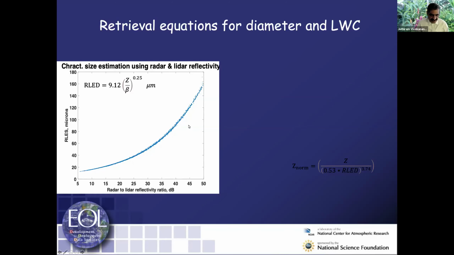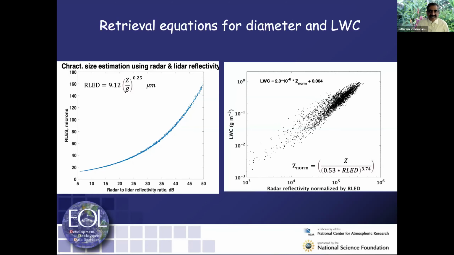Once I do that, I take the dBZ values and normalize them with the droplet size, giving Z naught, which is what I plotted in the x-axis here, radar reflectivity normalized by the size. The y-axis is liquid water content.